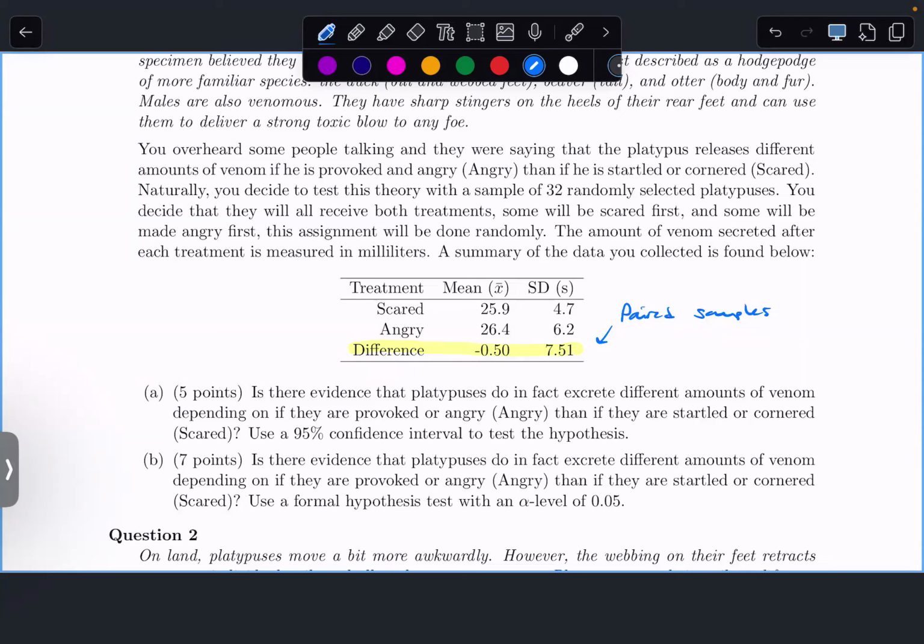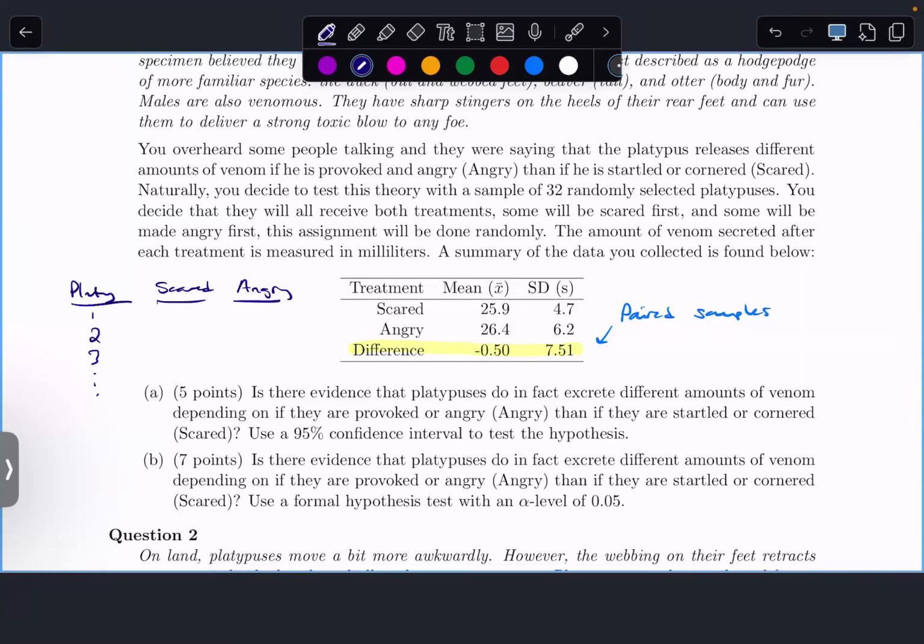This is that sneaky one where if we imagine our spreadsheet, I've got my platypus 1, 2, 3, blah, blah, blah. I have a measurement for when they're scared. I have a measurement for when they're angry. They were both scared and angry at different times, and we measured.